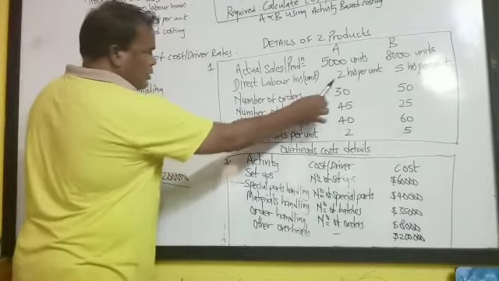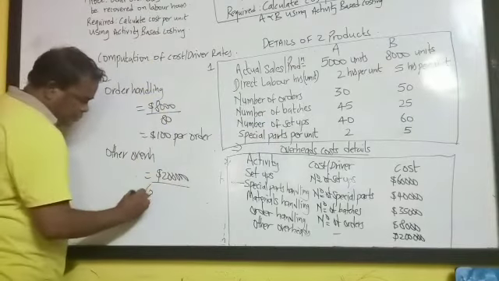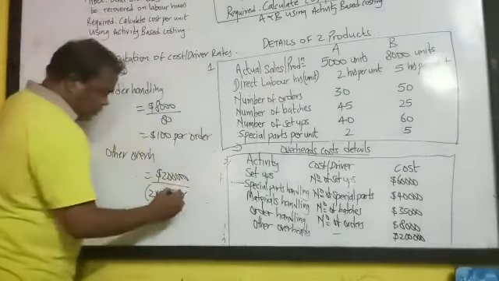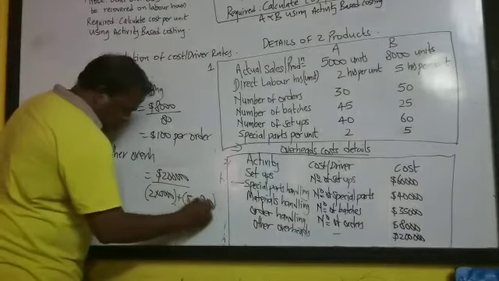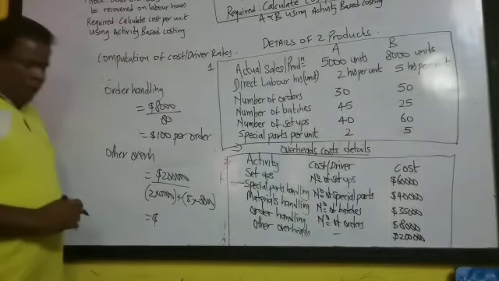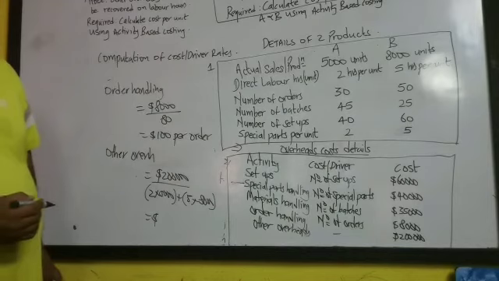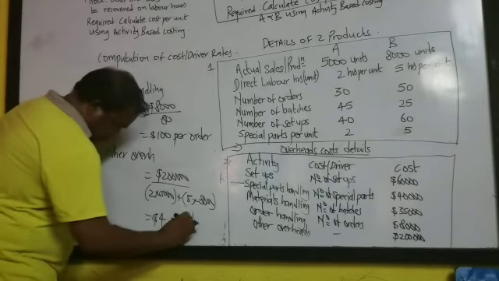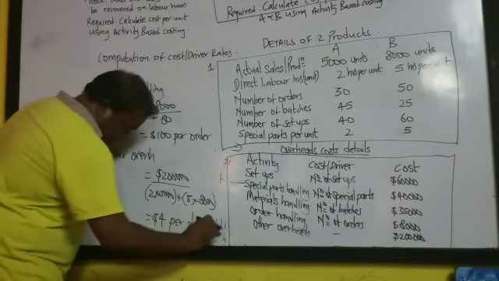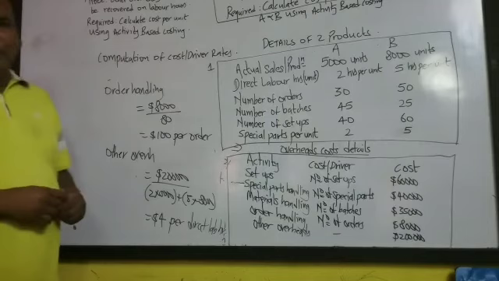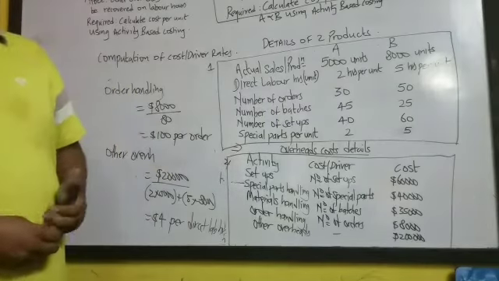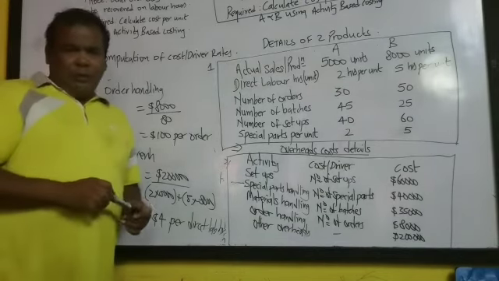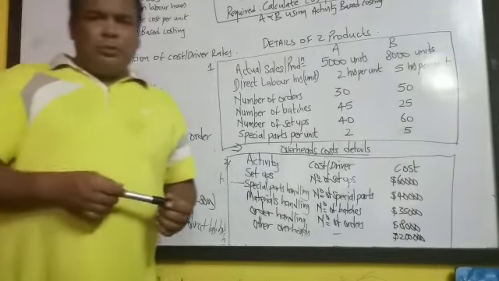We have labor hours, 2 times 5,000 plus 5 times 8,000. Then we divide other overheads, and this will give us 4 per direct labor hour. So first of all, we have to calculate the cost driver rates. We have already calculated the cost driver rates, and now we are going to see the total overheads.